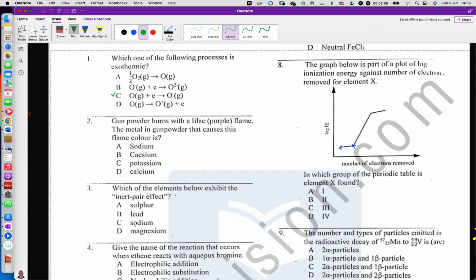Of course, you know it is only potassium that will give you a lilac color. Potassium is the metal that will give a lilac flame color. So the answer is C.